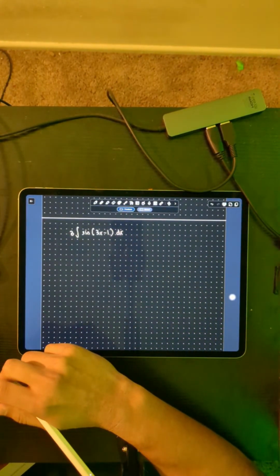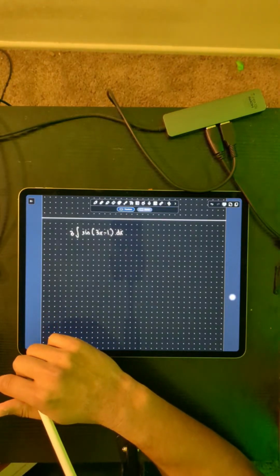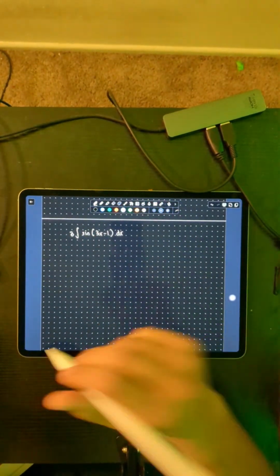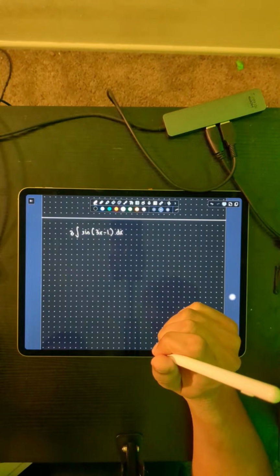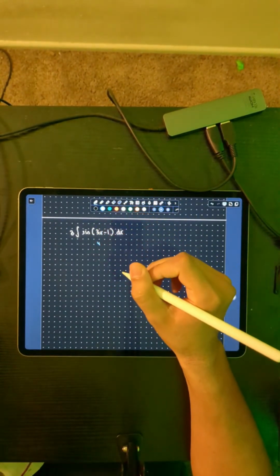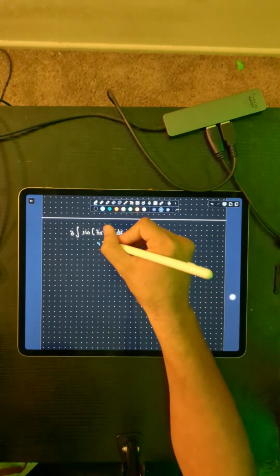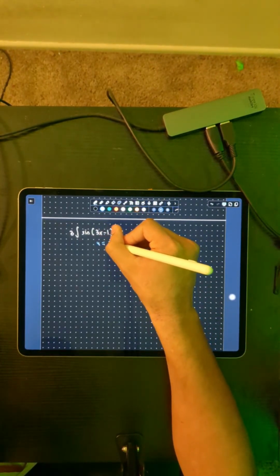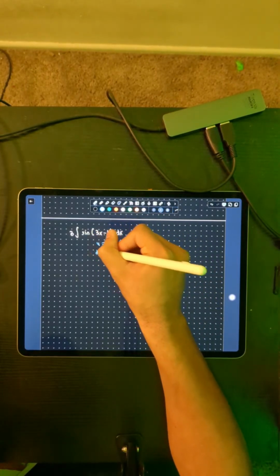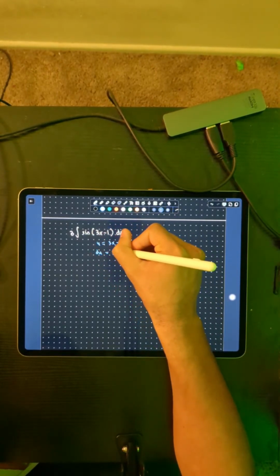Integral of sine of u is negative cosine of u. I think I got you, fancy pants. So we're going to say this is u inside here. Let's set this equal to 3x minus 1, such that du is equal to 3 dx.